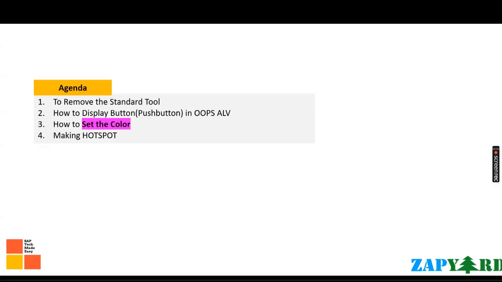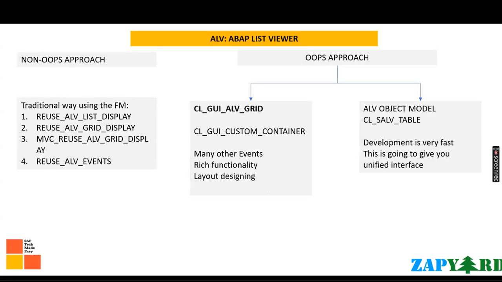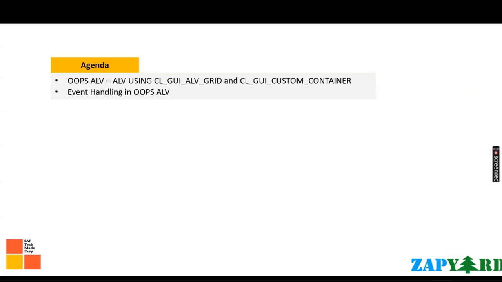All these things we are going to discuss in detail, but before going ahead, let's have a quick recap of what we started with yesterday. Yesterday we started with the object oriented ALV. We created one program to display some sample data from the MARA table using CL_GUI_ALV_GRID and CL_GUI_CUSTOM_CONTAINER.